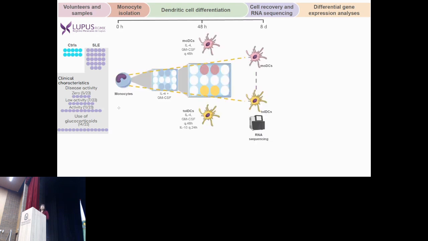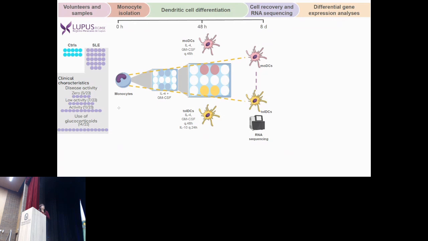From the monocytes, we differentiate the cells into two different phenotypes. The first one, in the upper part of the presentation, is called monocyte-derived dendritic cells, or moDCs. These moDCs are characterized by having a phenotype more inclined to the pro-inflammatory aspect of the dendritic cells.